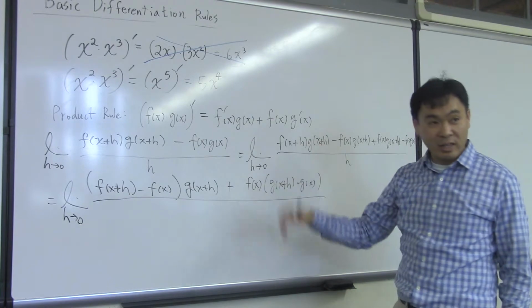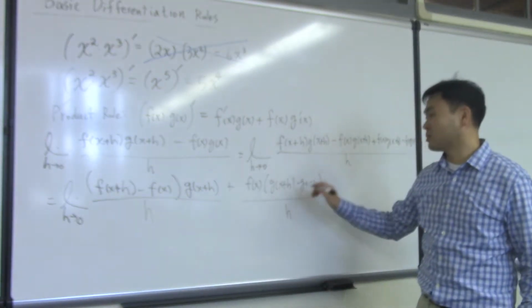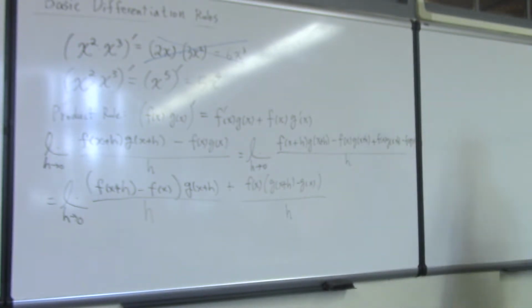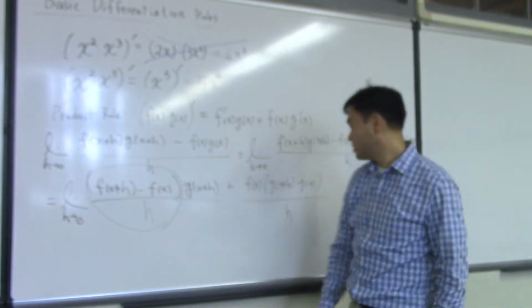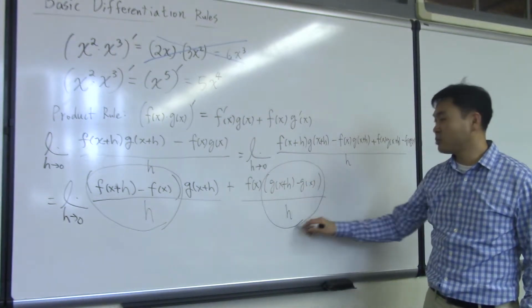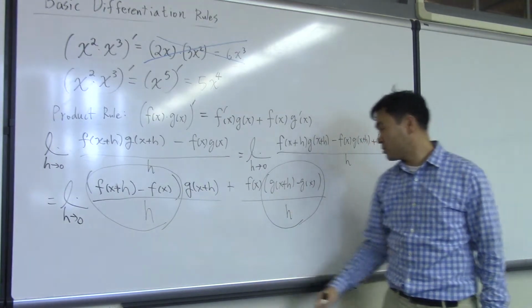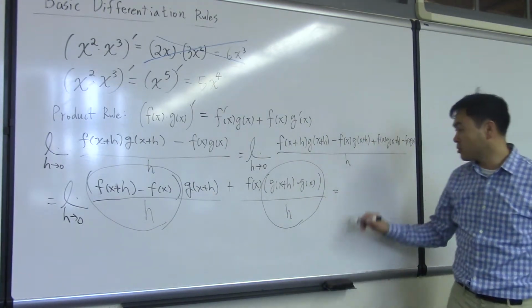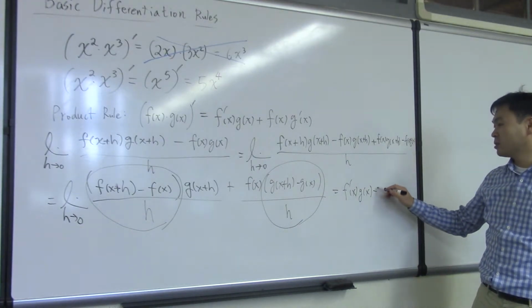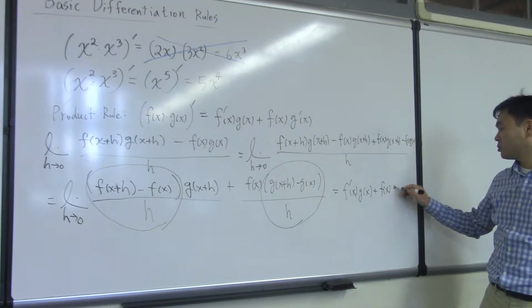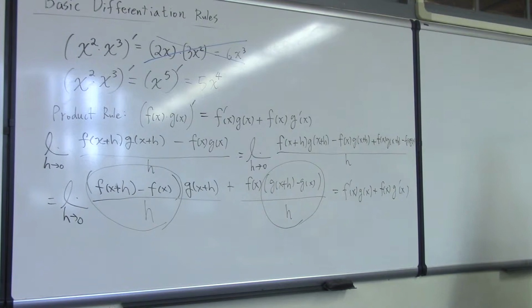And because I'm dividing everything by h, I can just make the first thing over h and the second thing over h. Now look what happens. Isn't this f prime? And what about this? That's g prime, right? And because you're sending h to 0, this will turn into g of x. So after you send h to 0, you get f prime of x times g of x plus f of x g prime of x. That's why this product rule works. Okay?